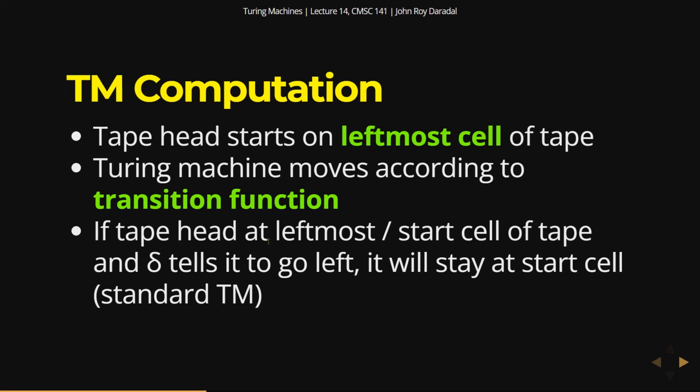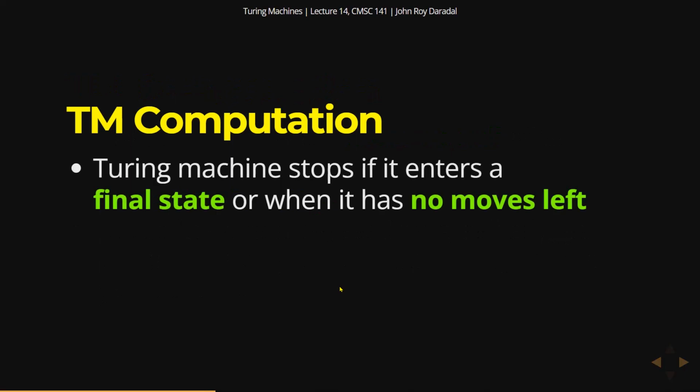It will not move because it's already the leftmost. This is in the standard Turing machine, wherein it's only infinite to the right. But if it's infinite both ways, then of course you can go to the left if you want to.